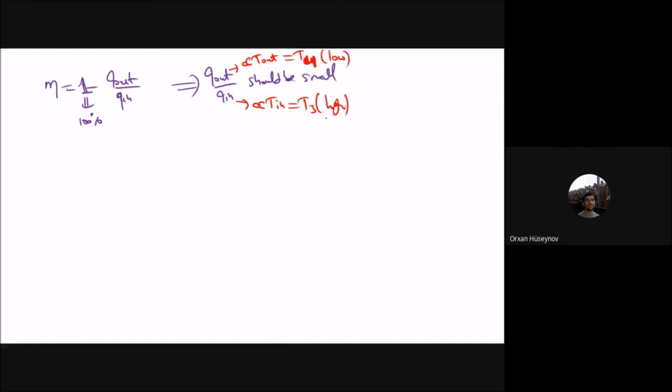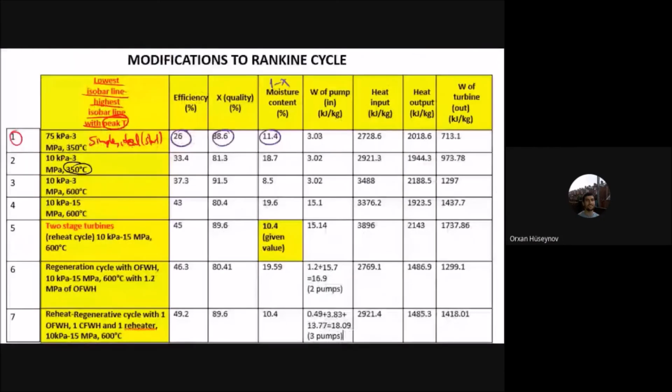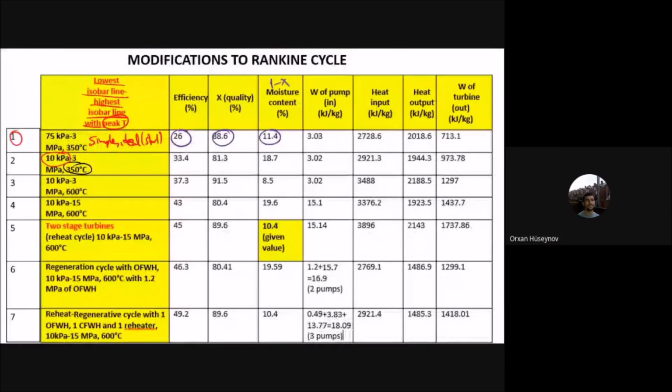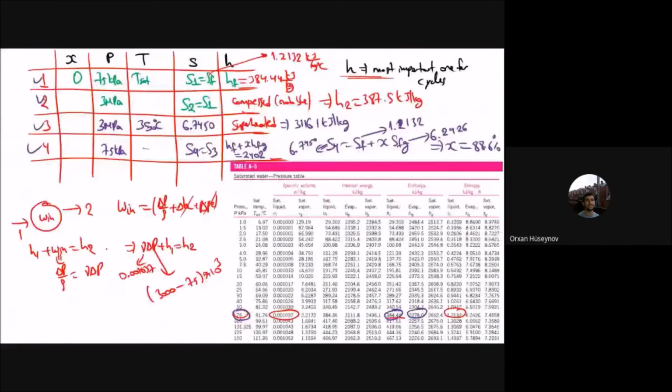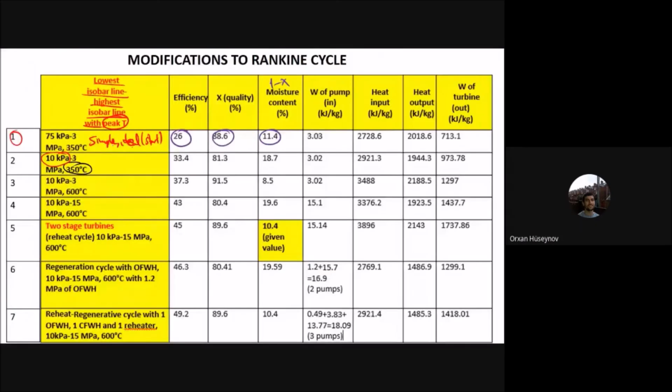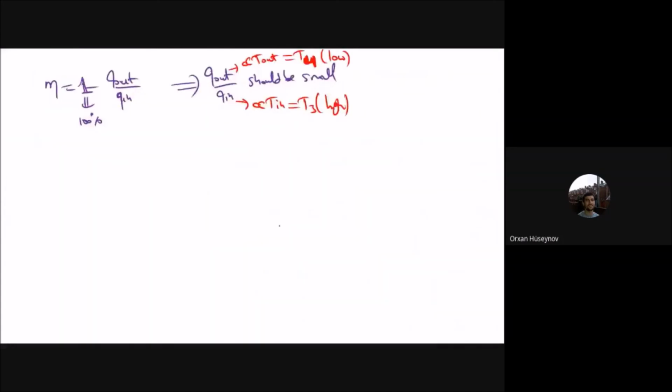Now let's see what they have done in the first part. You can decrease the pressure. Let's see if we decrease the pressure, what happens. So the pressure decreases, the rest of the values are the same, 3 megapascal and 350 degrees Celsius. If you do that, the pressure drops from 75 kilopascal to 10 kilopascal.